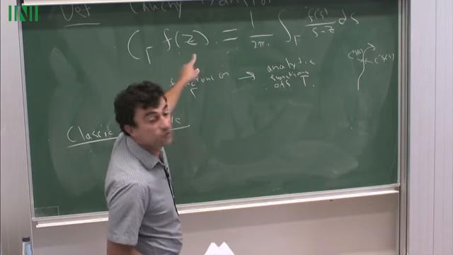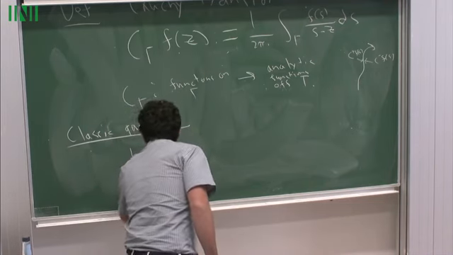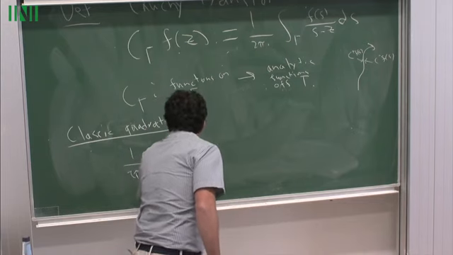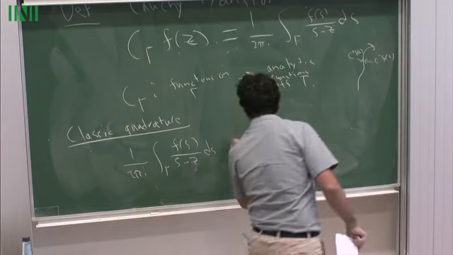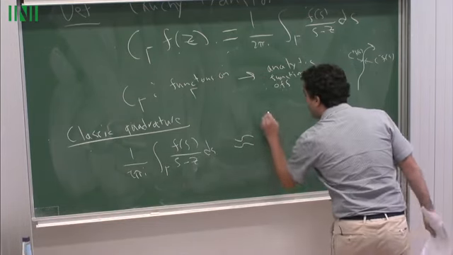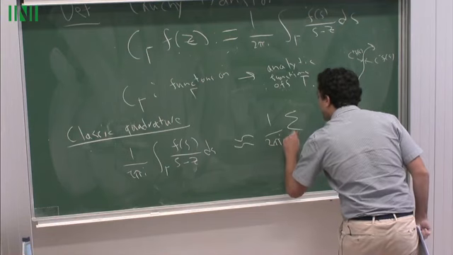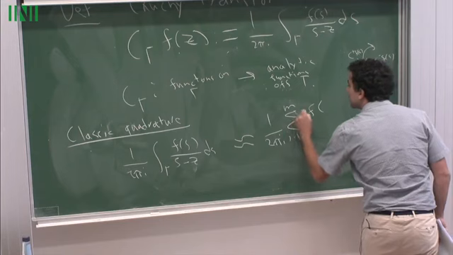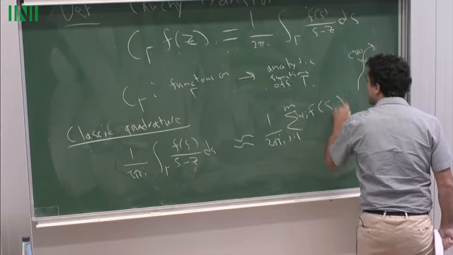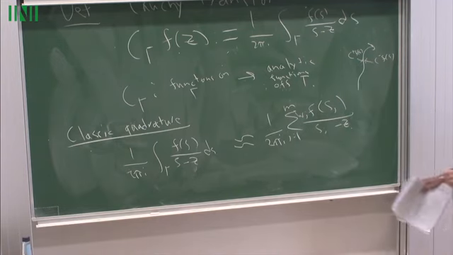So you might say 1 over 2 pi i times the integral over gamma of f of s over s minus z ds is approximately, with your favorite quadrature rule, a sum over m points of w_j f of s_j over s_j minus z.